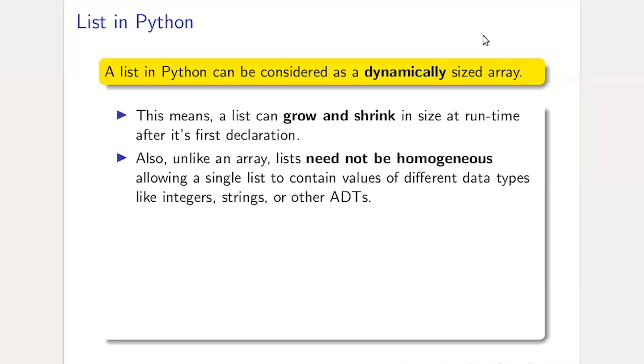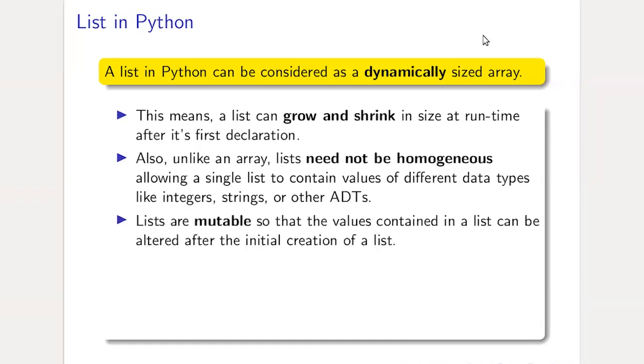Whereas a list, it is not necessary for that to be homogeneous. It can be heterogeneous. It can contain values of different types. And if you take the list, the individual values in the list can be changed whenever you want to store new values.